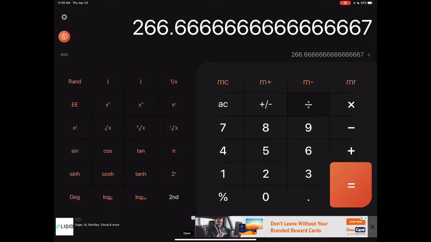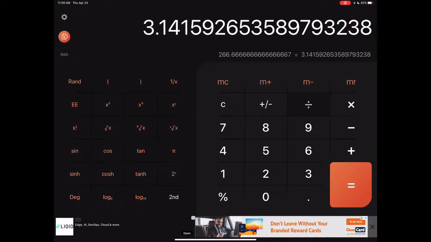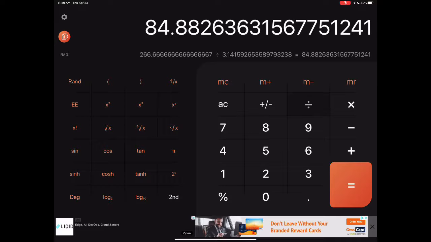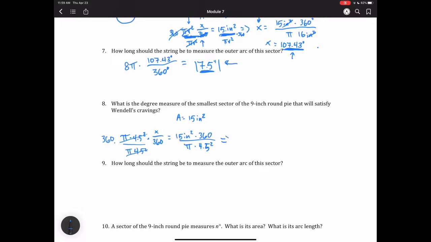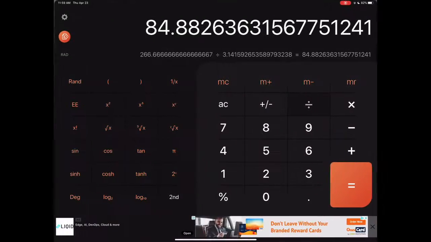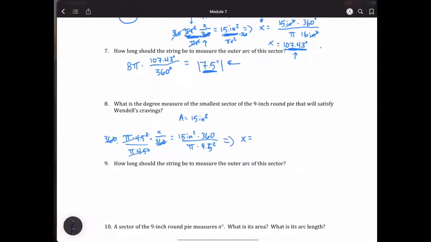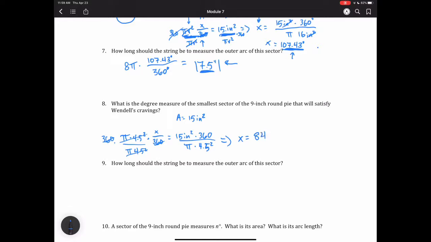And I'll divide it once more by pi. So the central angle that I need here is 84.88 degrees.